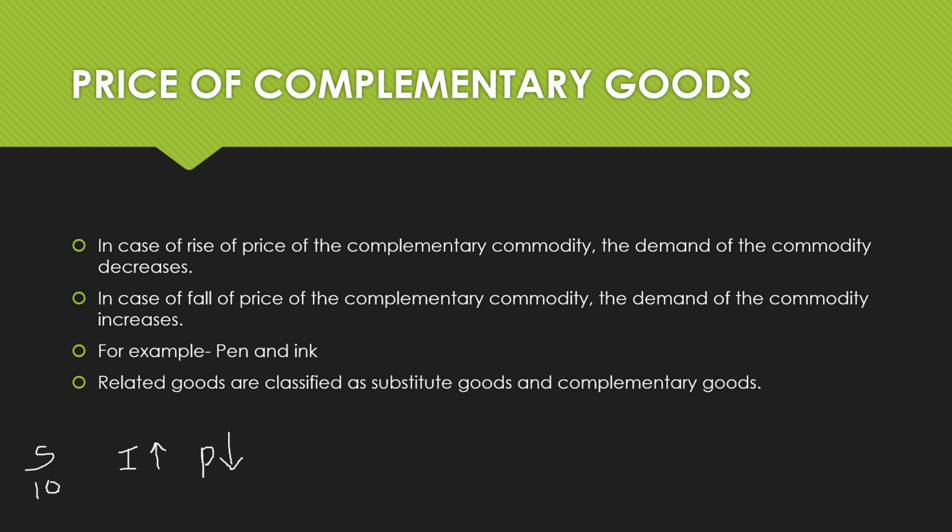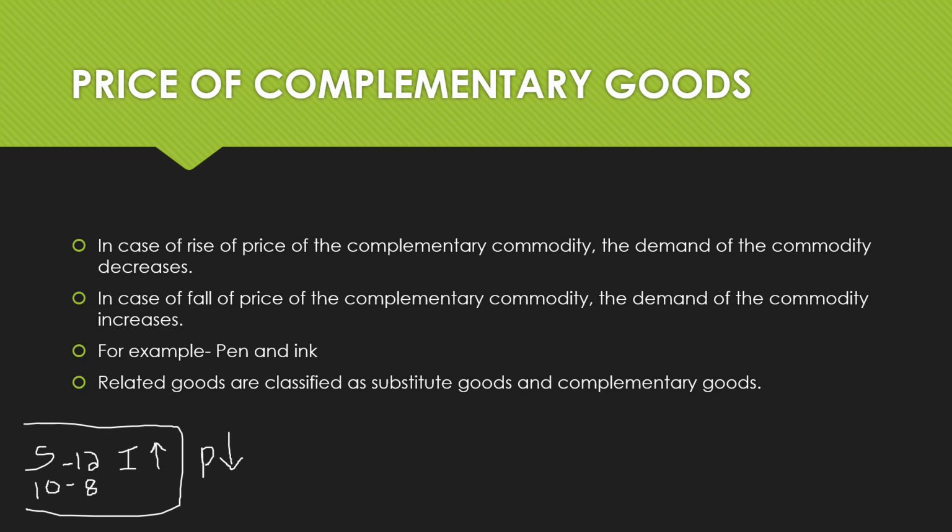Previously, at 5 rupees people were buying, let's say, 12 bottles of ink, and at 10 rupees people are buying just 8 bottles of ink. So the price has risen from 5 rupees to 10 rupees, and demand has fallen. This has happened in the case of ink.